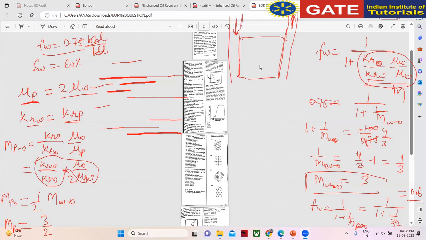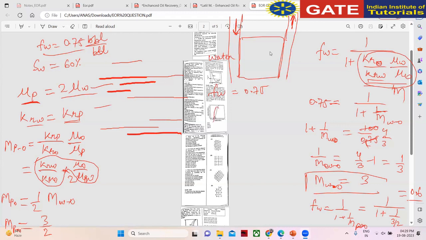Okay. So at initial state, when you flood it using water, FW is equal to 0.75. Okay. So no other values are given.